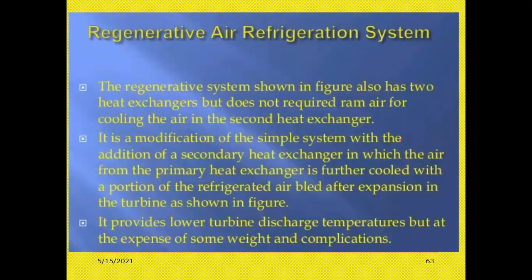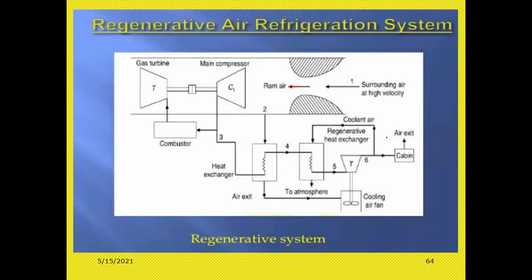So what do you say here? It has two heat exchangers but does not require ram air for cooling of the air in the second heat exchanger. So there is no use of ram air.